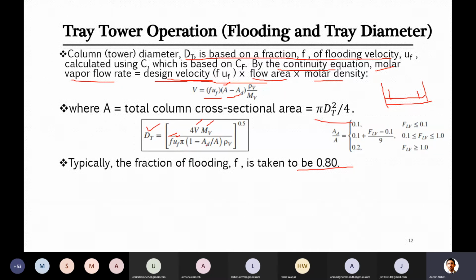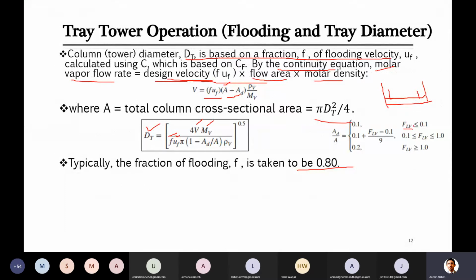This factor AD over A, the area of the downcomer to the total area, can be found, and it is linked with a factor FLV. We have already seen that FLV was the factor linking vapor and liquid flow rates in the diagram on the previous slide.